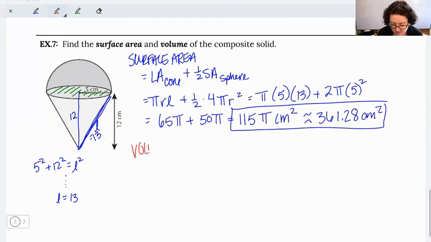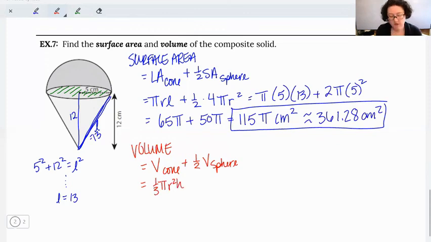So for our volume, again, we need volume of a cone plus half the volume of a sphere. So let's plug that info in. So volume of a cone is 1/3 pi r squared h. We already solved out for that height, or we didn't solve out for it, it's marked as 12.